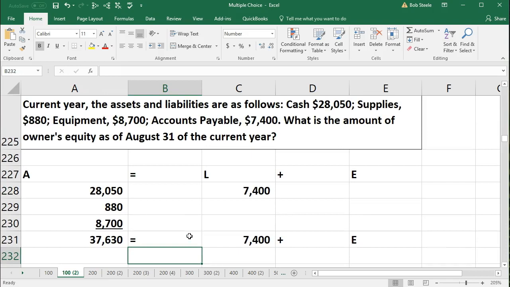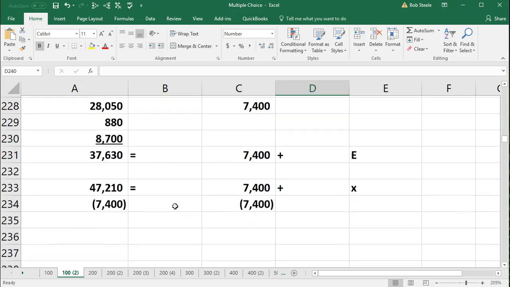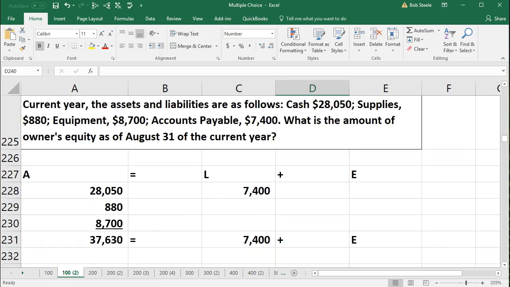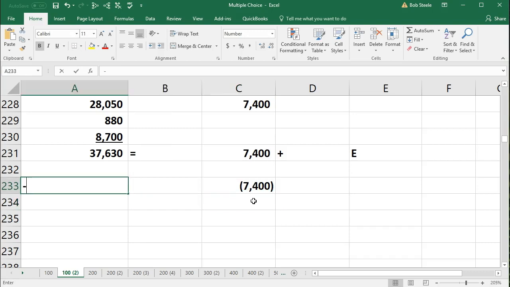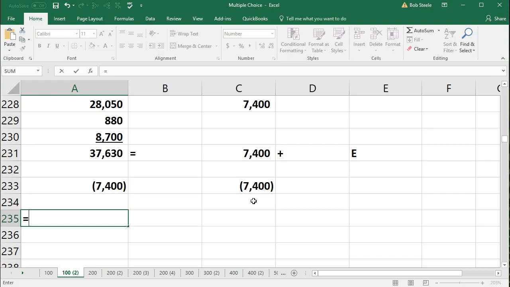Of course, we are now solving for E. I'm now going to scroll down so we can't see the original problem, but we shouldn't need it at this point. So we're going to subtract the 7,400 from each side in order to remain with just the E.